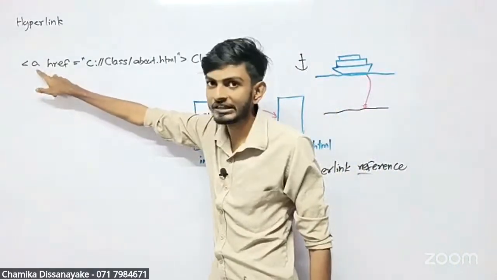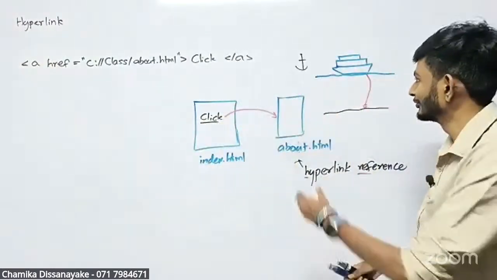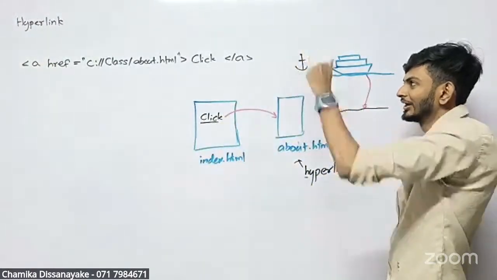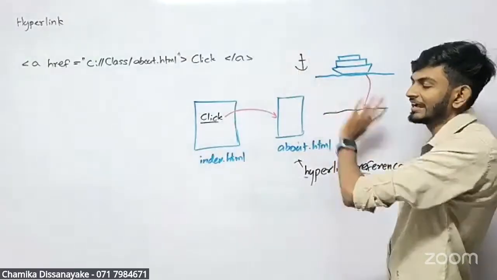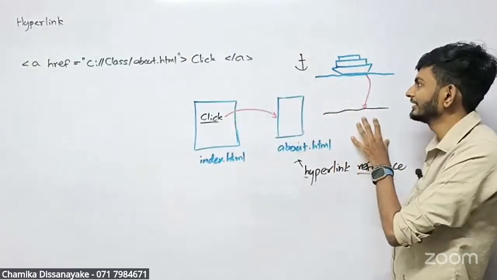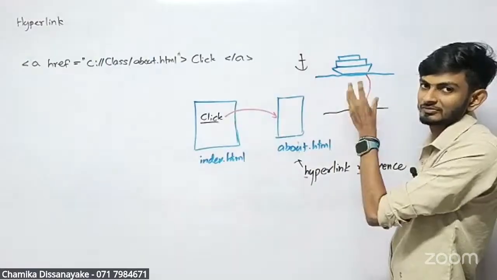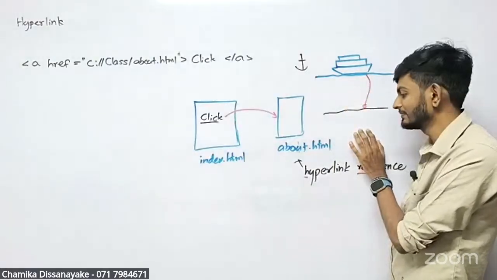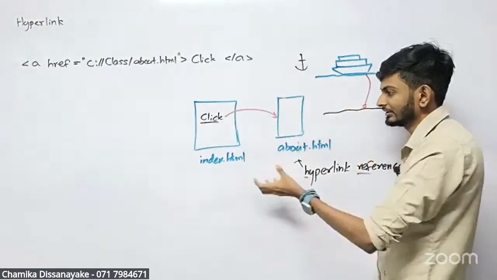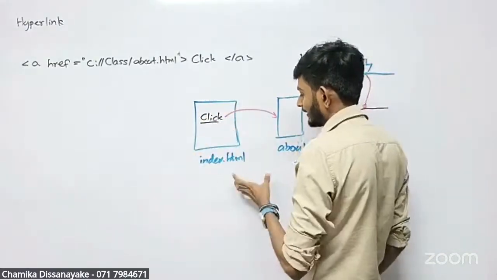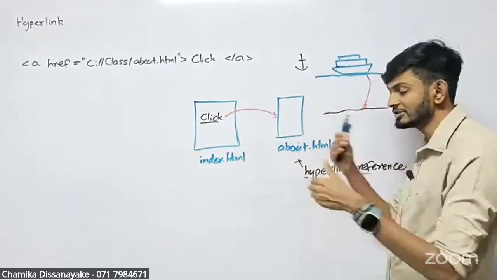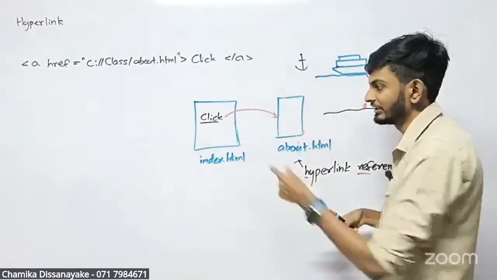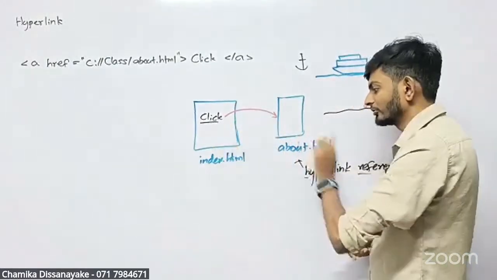This A means anchor. So here I told you about the anchor. This is our main web page, and this is the web page we need to go to. When we click here, we need to go to this web page.